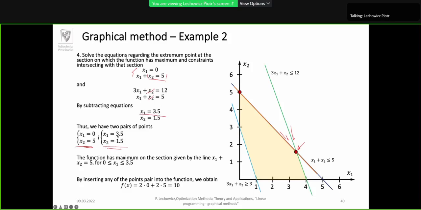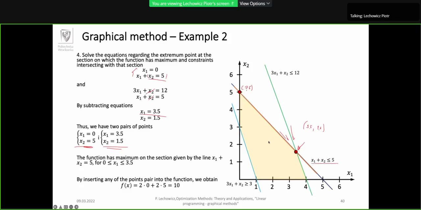We have 2 points. The first one is obviously this. It could be easily read from the chart that this point is (0, 5), and we computed that this point is (3.5, 1.5). So the function has its maximum on the section between those 2 points given by the line x1 plus x2 is equal to 5.